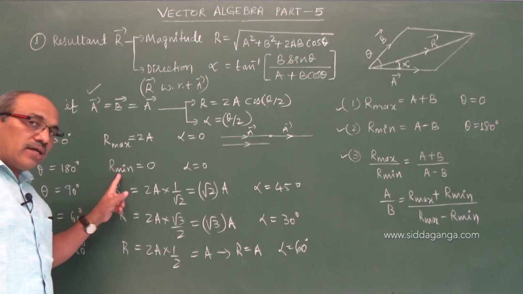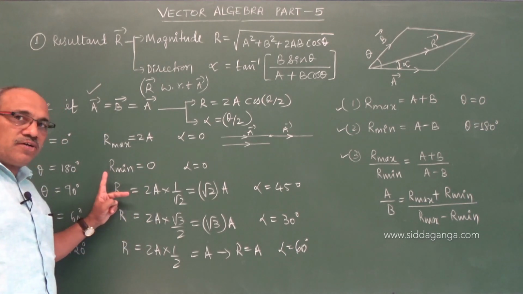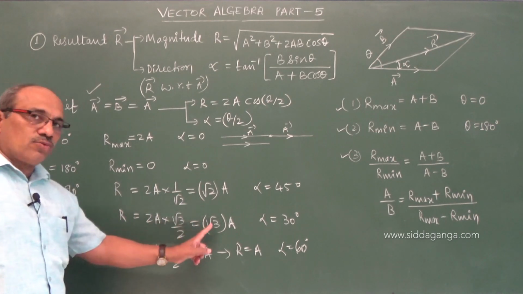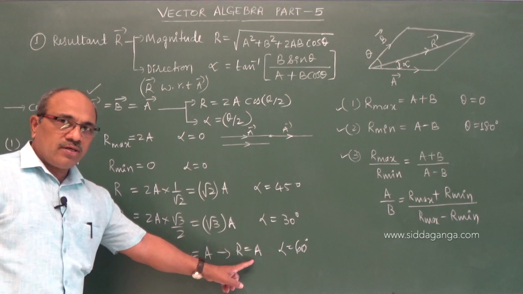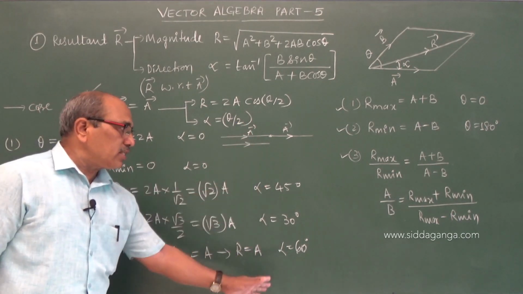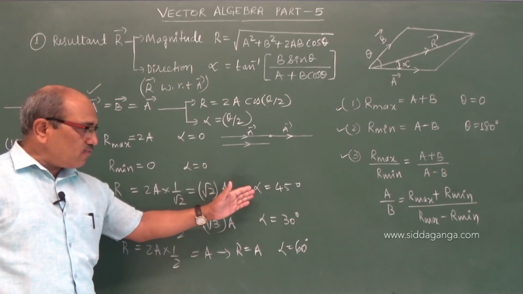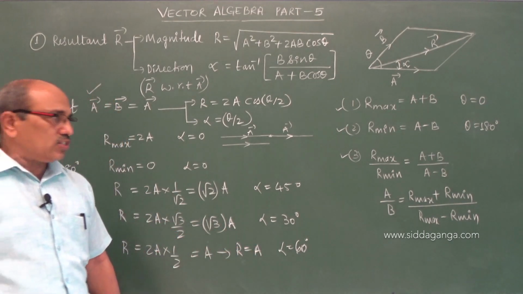If they are anti-parallel, then it becomes 0. If orthogonal, perpendicular to each other, it is root 2a. If the angle is 60 degree, it is root 3a. And if it is 120, it is a itself. Resultant equal to one of the vectors' value. Angle bisects. In those two cases it is 0. But orthogonal becomes 45, 60 becomes 30 and 120 becomes 60 degrees.